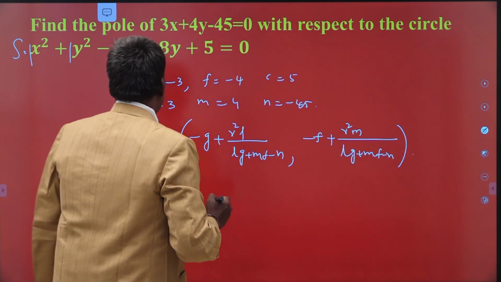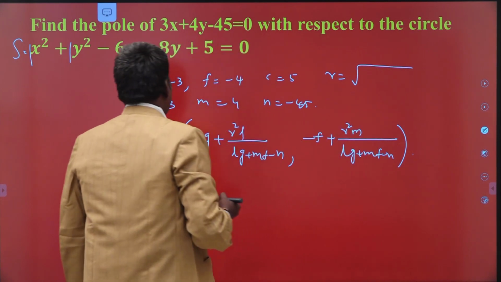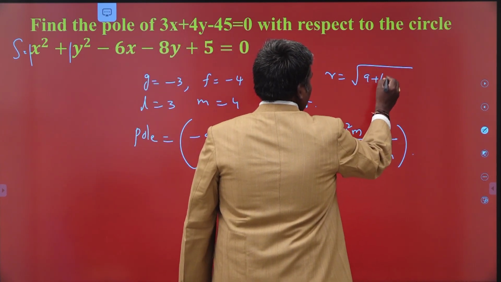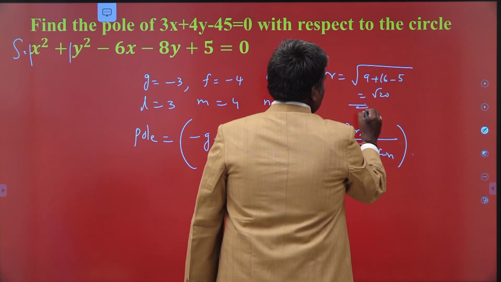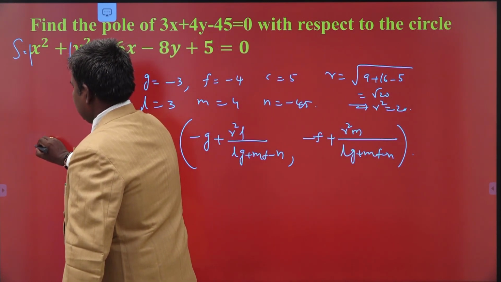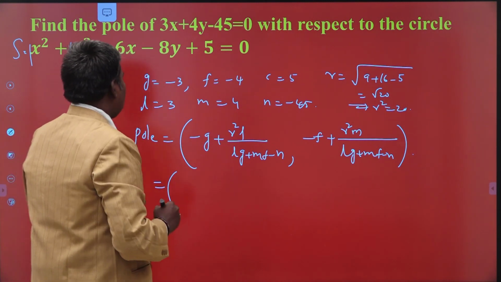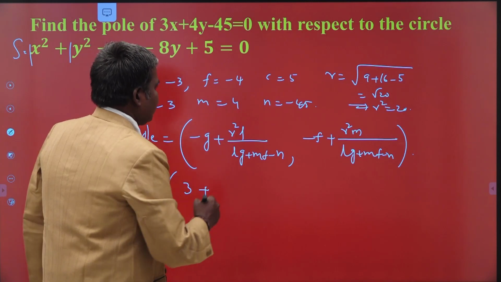What is the radius of the circle now? Radius of the circle r is equal to root of g square plus f square minus c, that is 9 plus 16 minus 5, that is root 20, which implies r square is equal to 20. Then it is equal to minus g, minus of minus, plus 3 plus r square, that means 20.